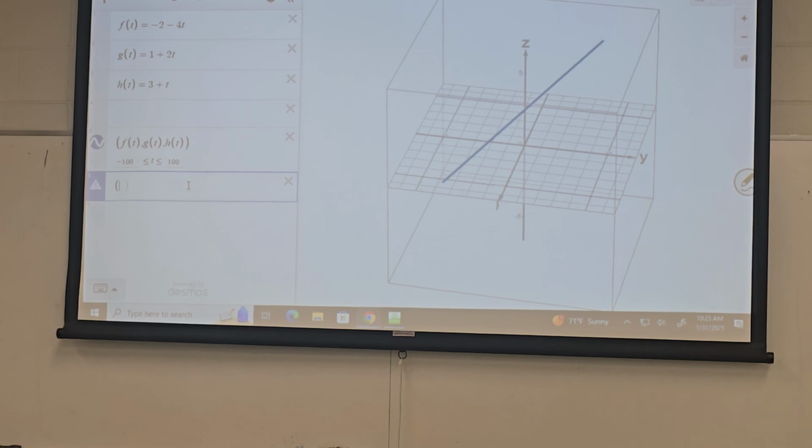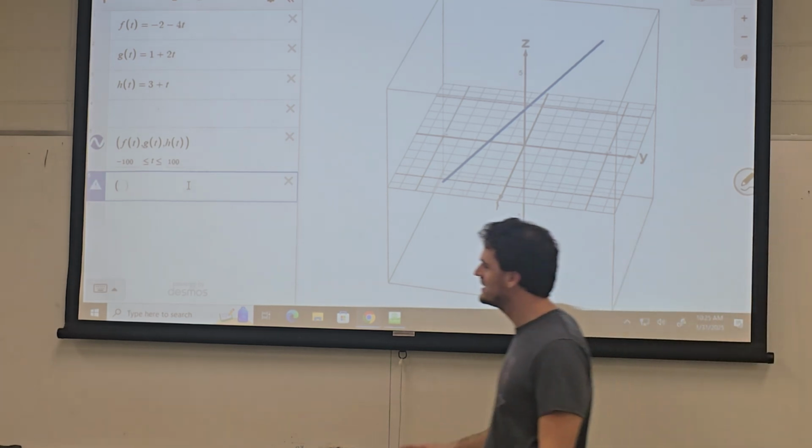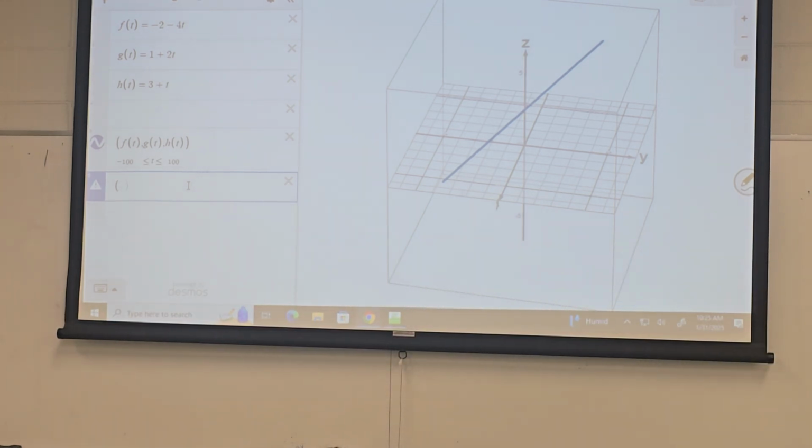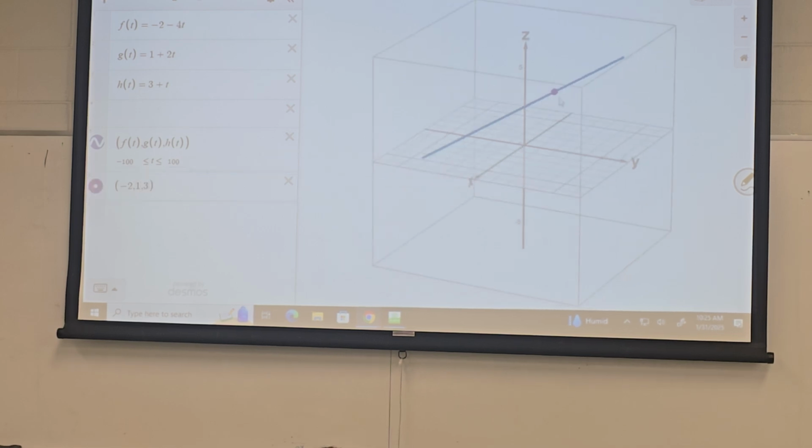Now, just to make sure, we said that this line contains the point -2, 1, 3. So if I plot that, that should be a point on the line. Check.